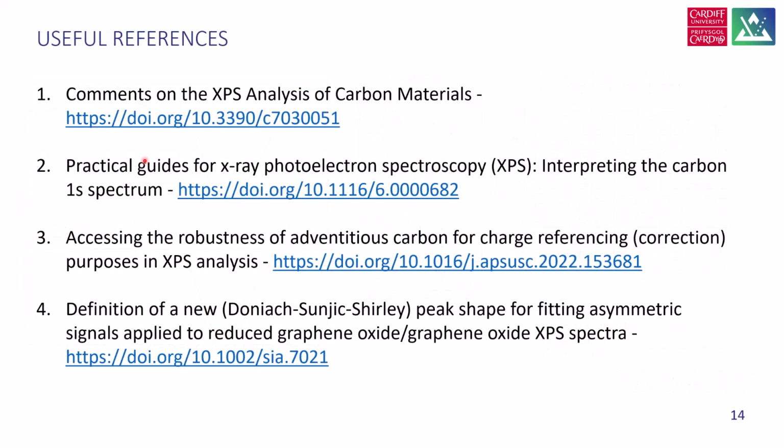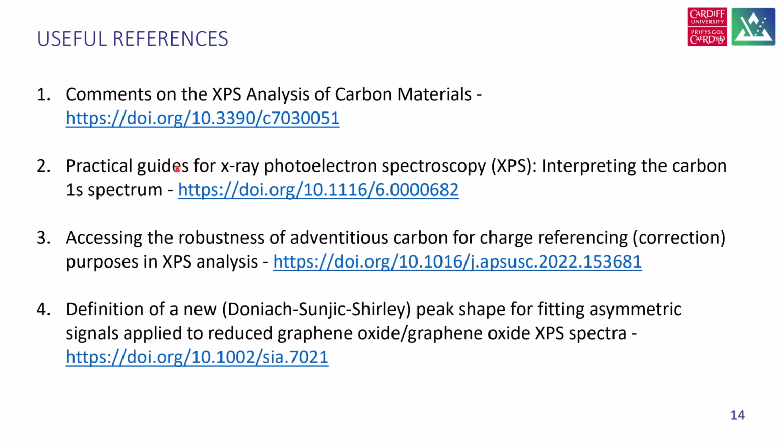So we've addressed some of the points. Here are some useful references in terms of carbonaceous materials. The first is a paper by myself talking about XPS analysis of carbon materials. This is open access.